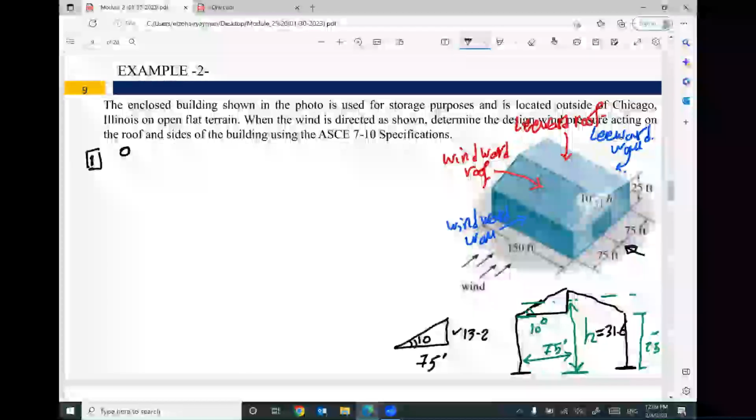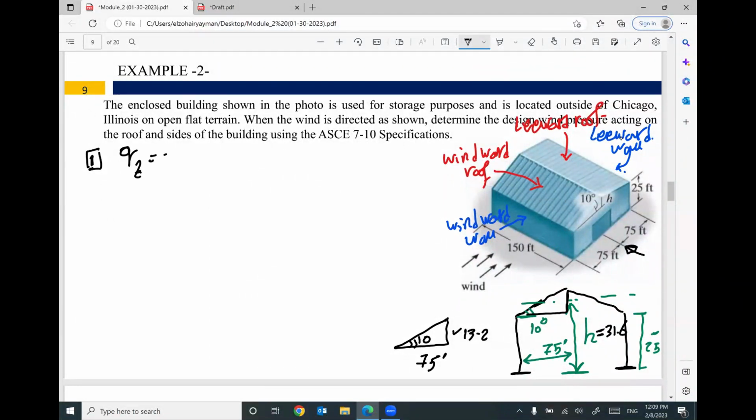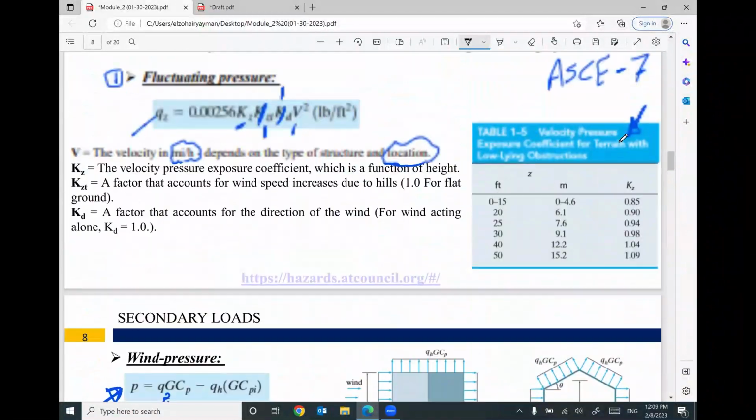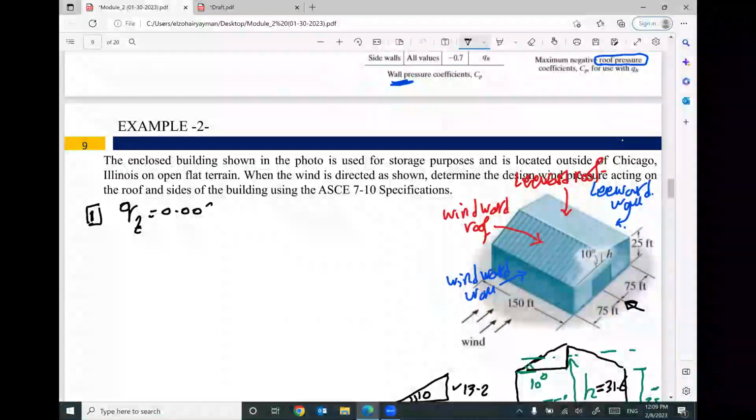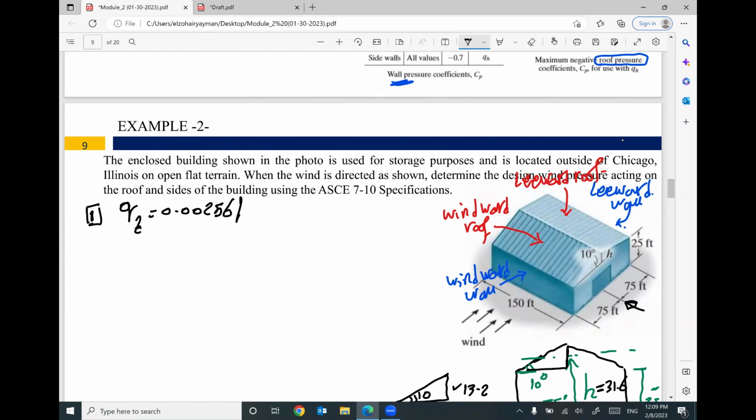Qz equals 0.00256 Kz. I will not use any value for Kz because it depends on the height. Kzt is 1, Kd is 1, and V squared. In this example, like we covered last meeting, the structure is located outside Chicago, Illinois.